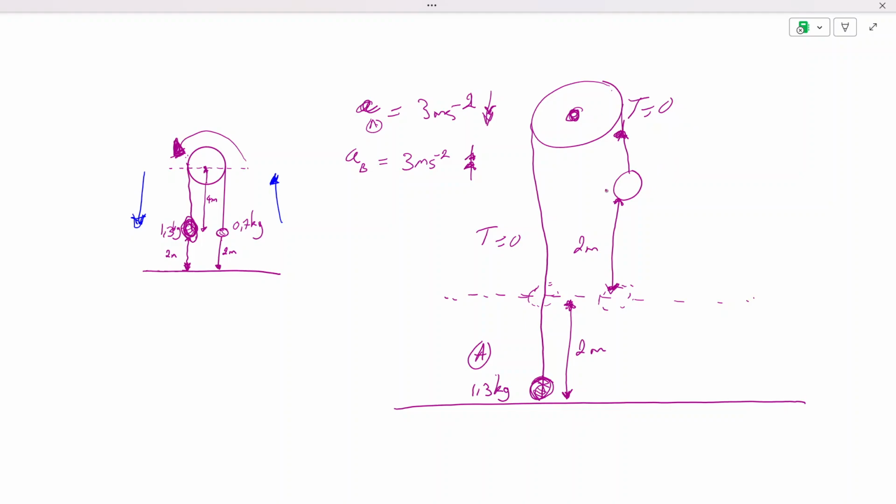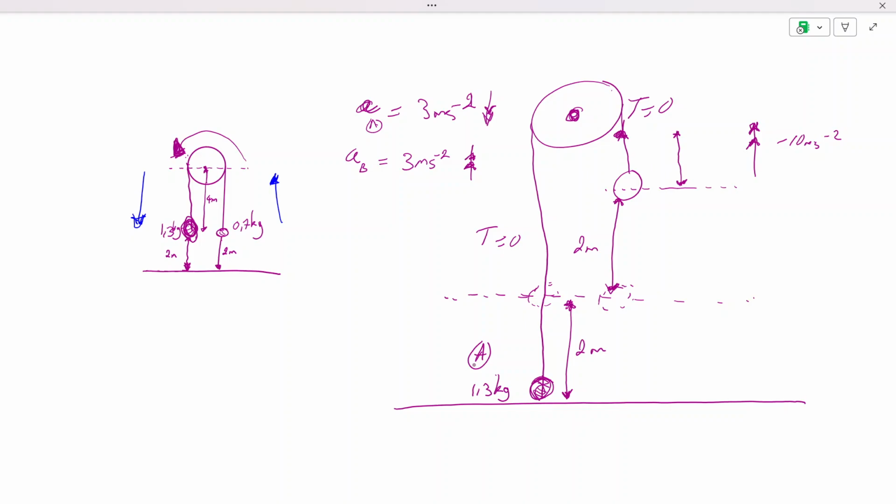From this point here, it will move up a certain distance as it decelerates. Now it's in free fall. It moves up with a new acceleration of -10 meters per second squared. Remember, acceleration due to gravity always acts vertically downwards. So it moves up as it decelerates.